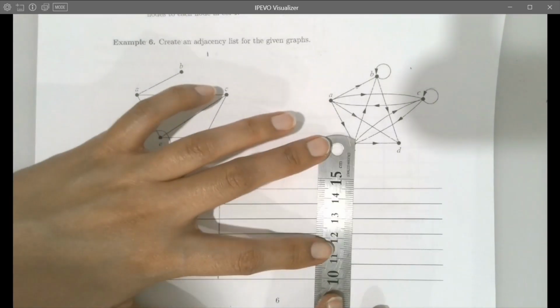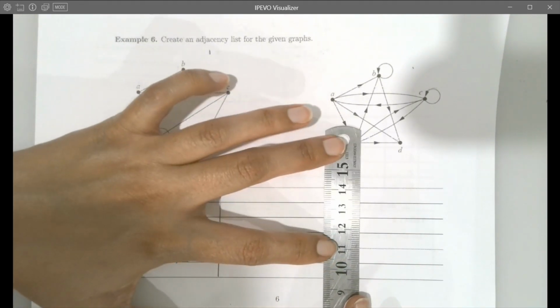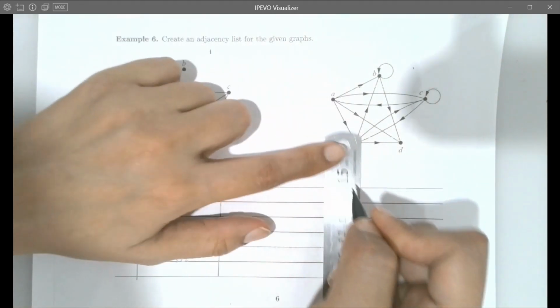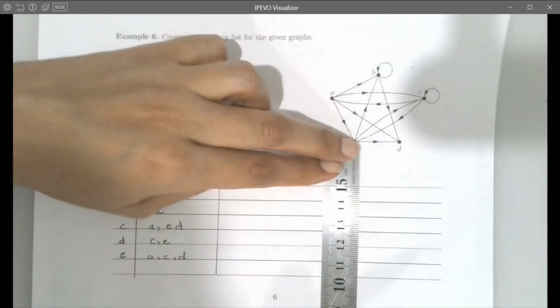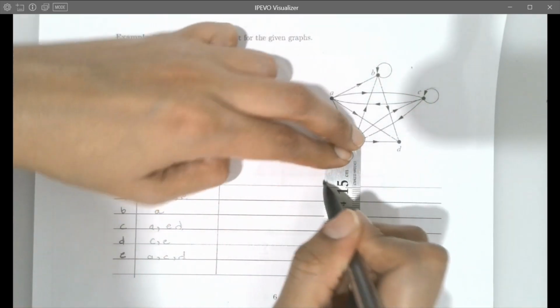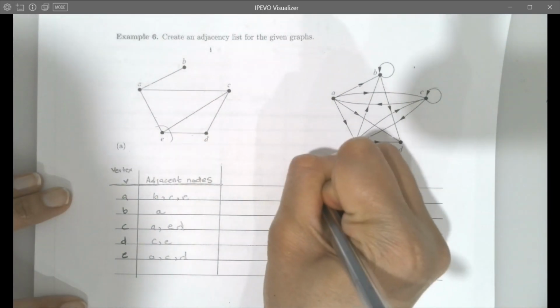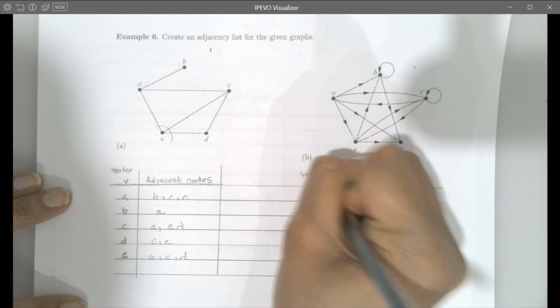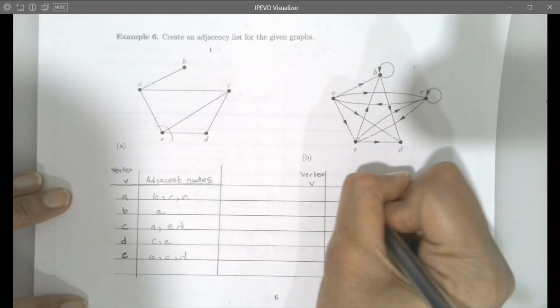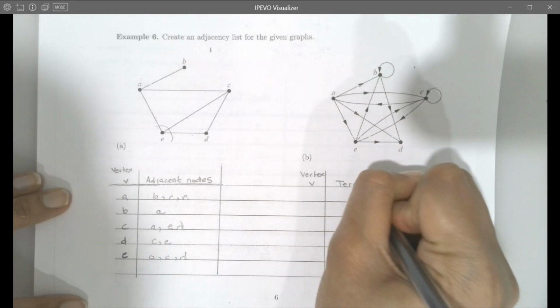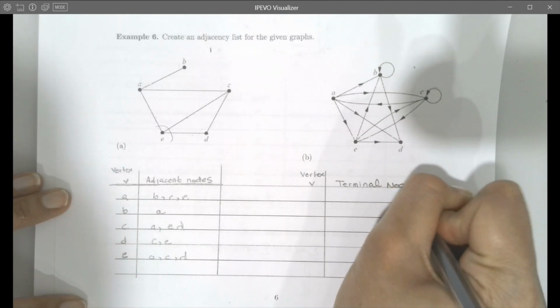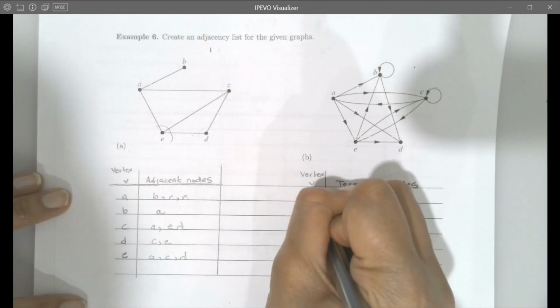What about the graph for B? Well, for B we still have 5 nodes, the same ones. Now we're going to take a look at the terminal nodes for the second column.